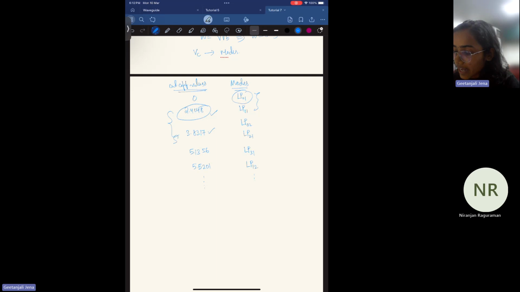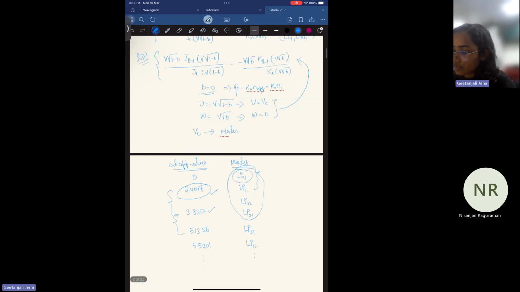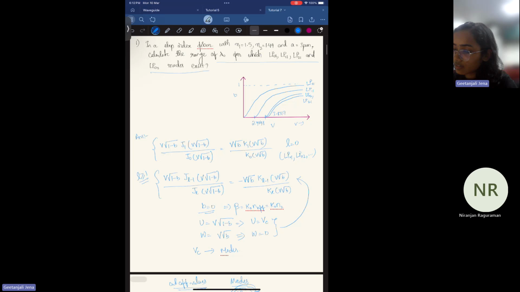And when V lies between 3.8317 to 5.1356, the modes that will be guided are these four modes, right? So whenever the value of V lies here, but is less than 5.1356, we'll have all these four modes guided inside the fiber.